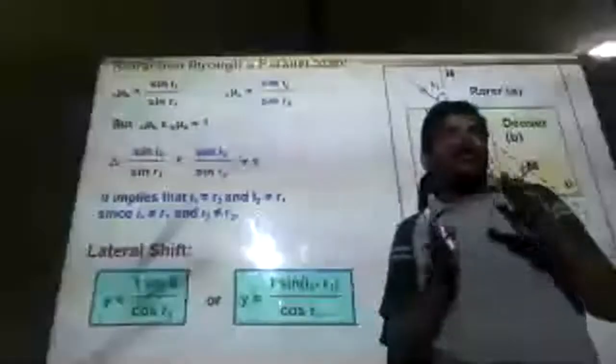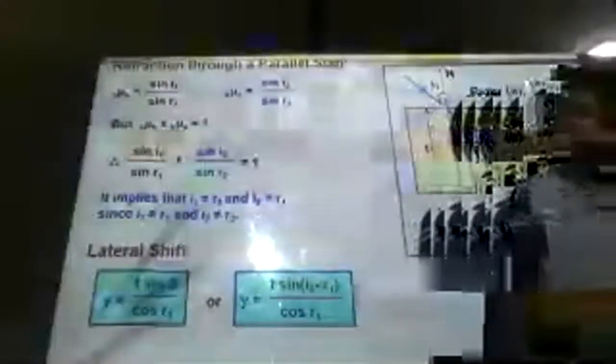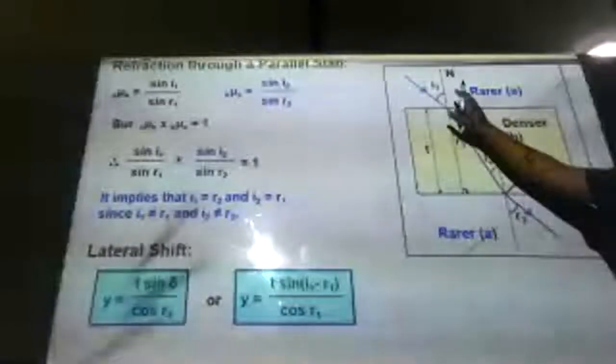If the thickness of the slab changes, the lateral displacement changes always. Now, cos R1: for example, if the angle of refraction changes, then there is a change in the lateral displacement. Either this angle or this angle, if it changes, there is a change in the lateral displacement of this path.